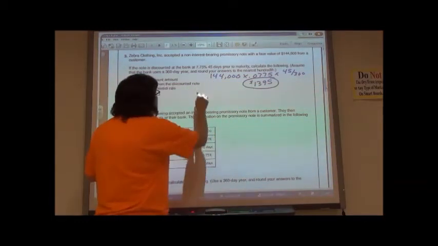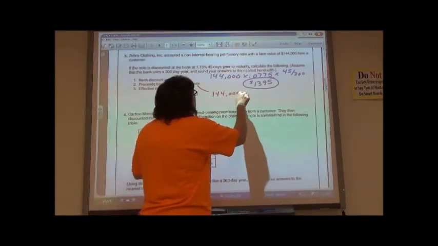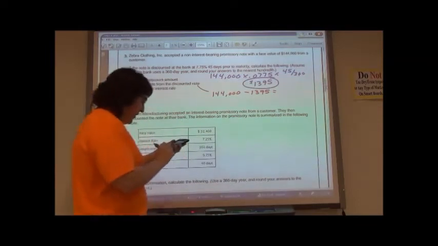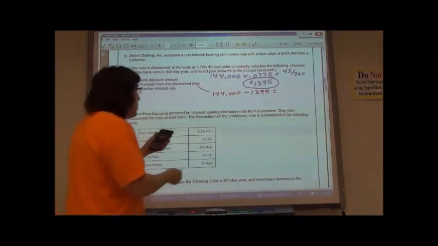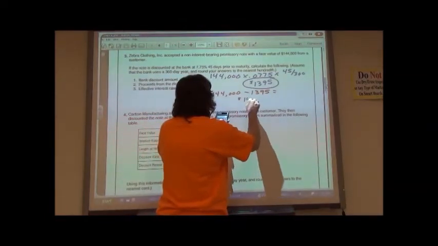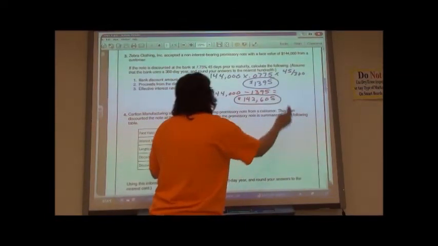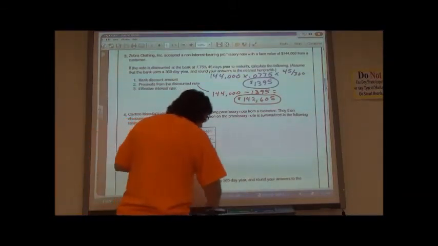And so the proceeds I'm going to receive, the $144,000 minus the bank discount. And so if I subtract, my proceeds, $142,605. And I want to find my effective interest rate.